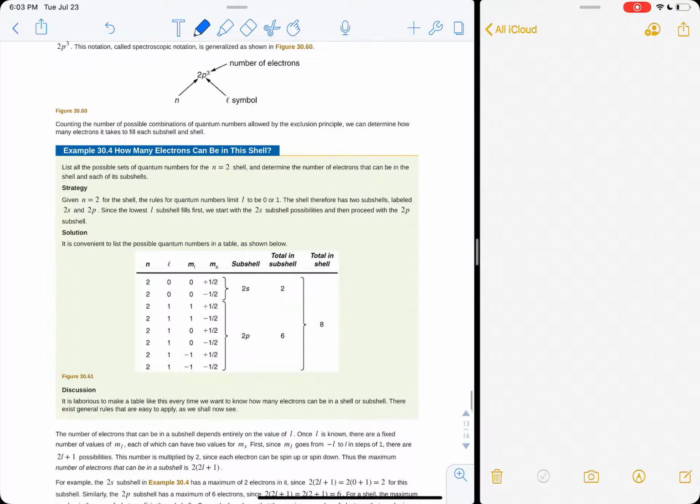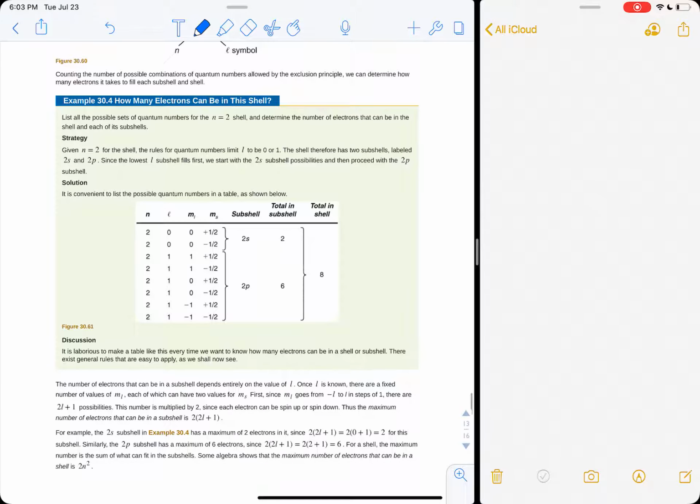And so, for example, this shell, n equals 2, L equals 0, and then you've got 2 electrons in this possible state. So this is the 2, and since L equals 0, this is the 2s state, and there's 2 electrons because it can be plus half or minus a half in that shell.